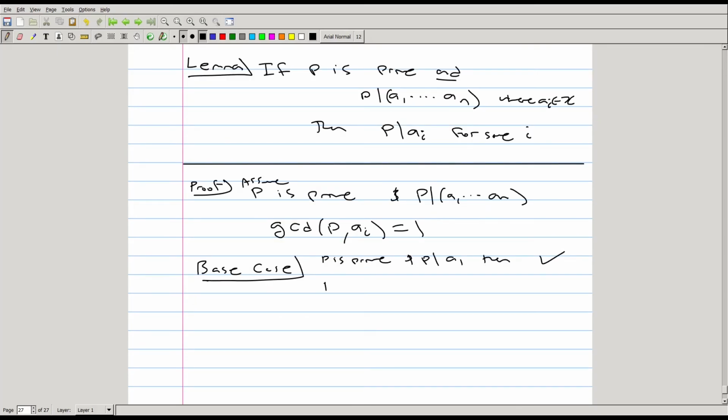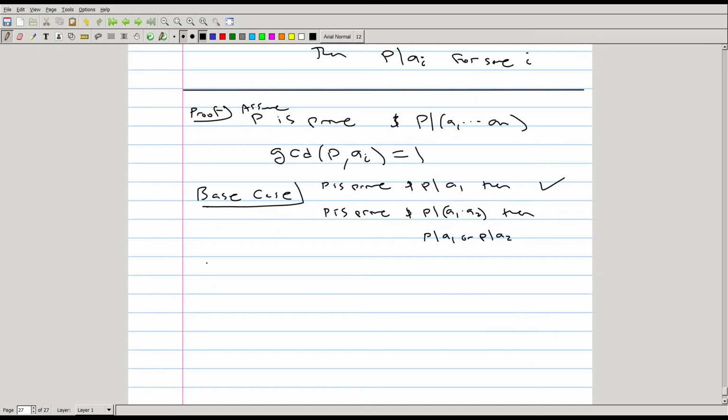If p is prime and p divides a1 times a2, then because the GCD of p and ai is 1, we have that p divides a1 or p divides a2. And for some ai, we have that p has to divide ai.